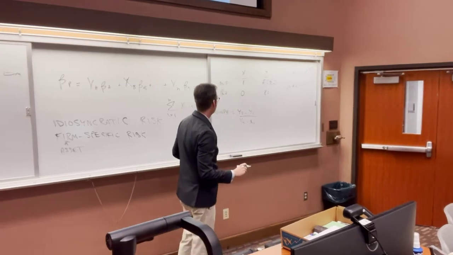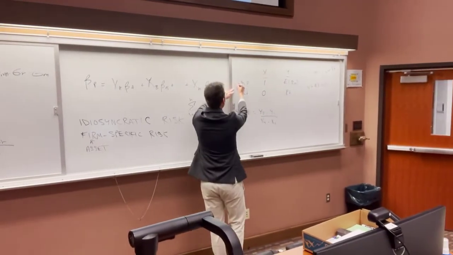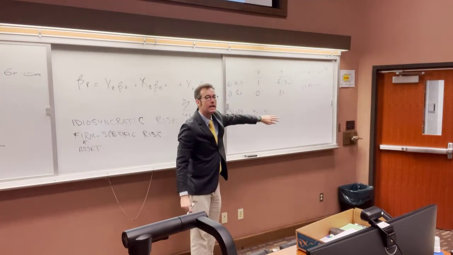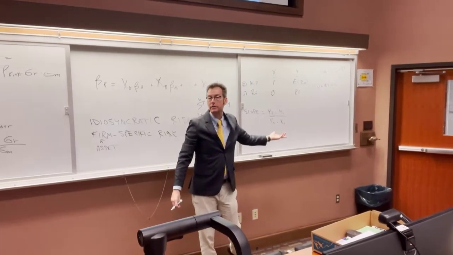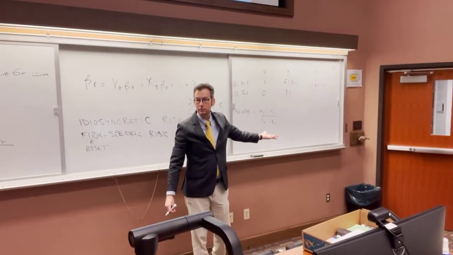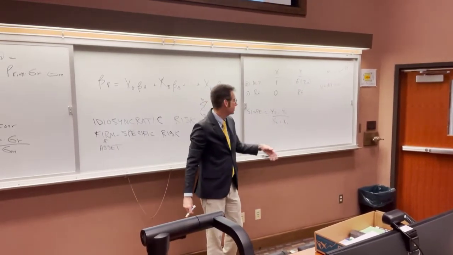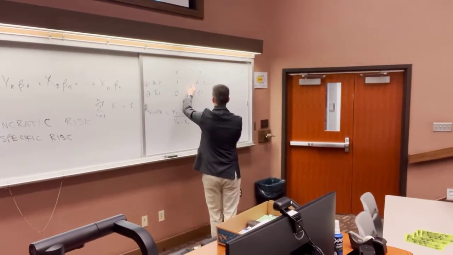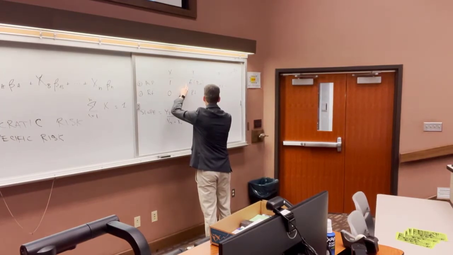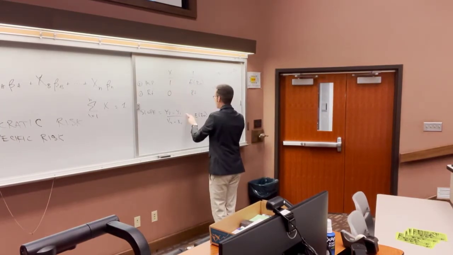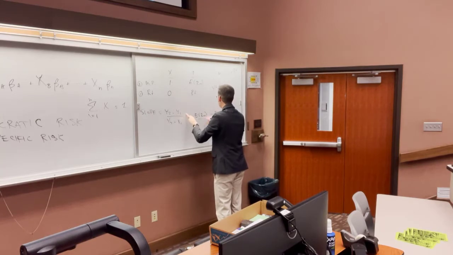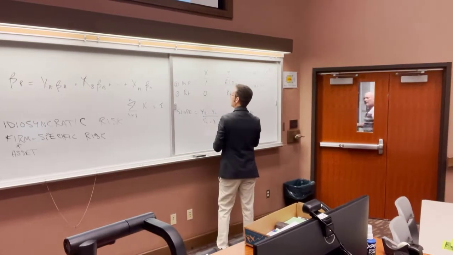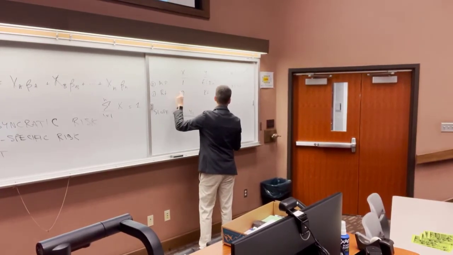And just to make it come out pretty, I'm going to call this number 2 and this number 1, because I want that stuff to come out positive. If I did it the other way, both would come out negative, and what would happen to the negatives? Yeah, they just cancel out. So we're going to get the same answer either way. So y2 minus y1 is the expected return on the market minus the risk-free rate, divided by x2 minus x1, 1 minus 0.